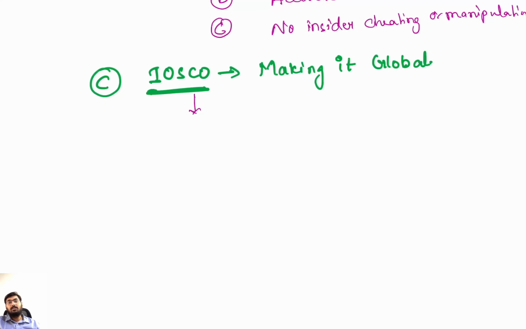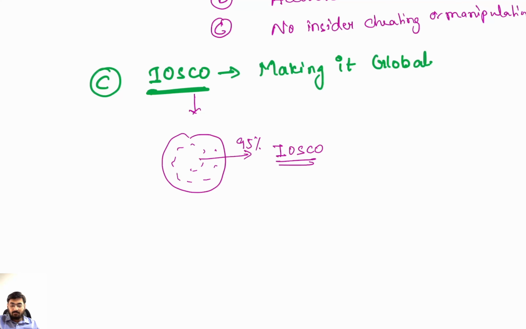It connects regulators from over 95% of the world's markets. So basically all the regulators of the world are connected to the IOSCO. Clear? And it ensures cooperation across countries.